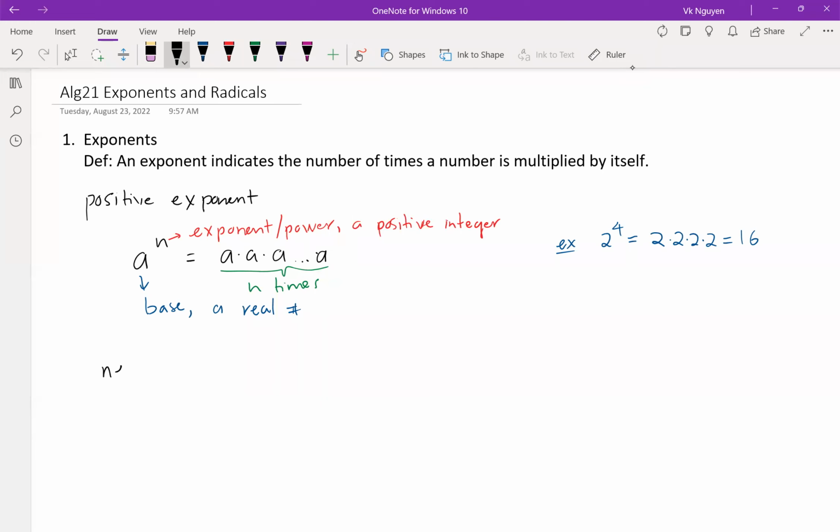Negative exponent. A to the negative n is defined as 1 over a to the n.